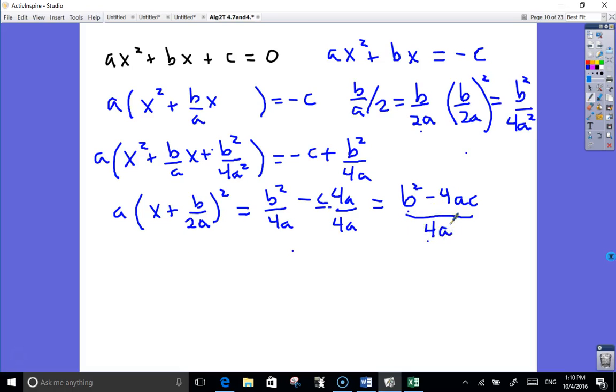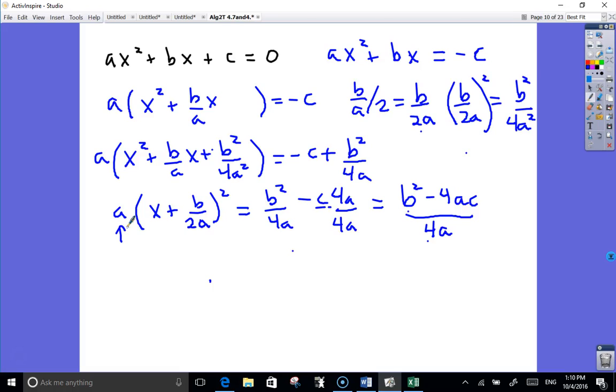Okay, so now are we ready to take the square root of both sides? We have a parentheses x plus b over 2a squared equals b squared minus 4ac all over 4a. What do we have to get rid of first? That a right there, which is multiplying, you've got to divide it out.